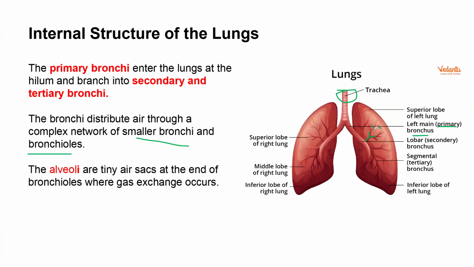After that, we have the bronchioles, these smaller things that appear like nerves or veins. In each of these bronchioles, there are tiny alveoli, and these tiny alveoli are where the gaseous exchange takes place in the lung.